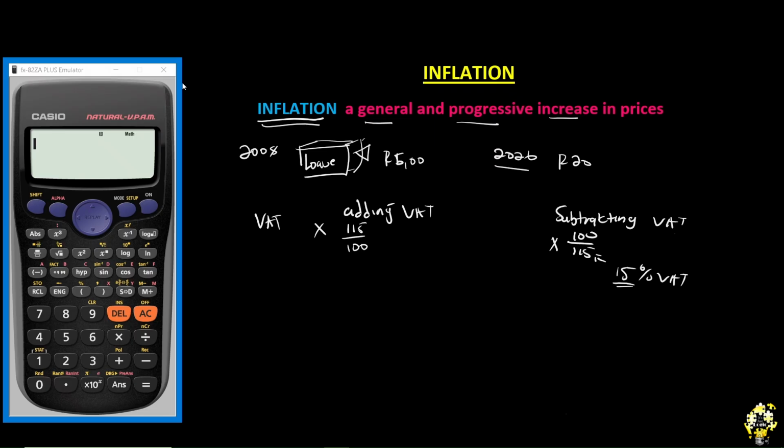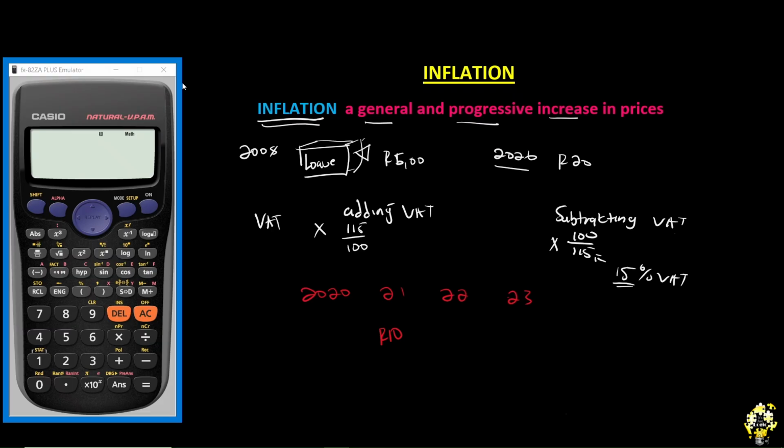Inflation, you have years. Now let's make an example here. Let me use a rate for this example. So let's say we have 2020 and then 21, 22, 23. Let's stop it here. Now, let's say that we have been given a price for 2021, and that particular price for 2021 is 10 rands. And we are told that there was inflation.